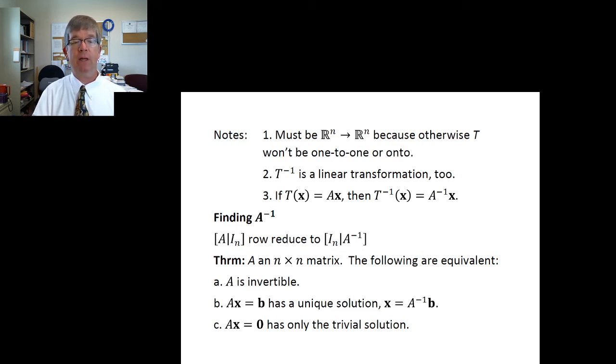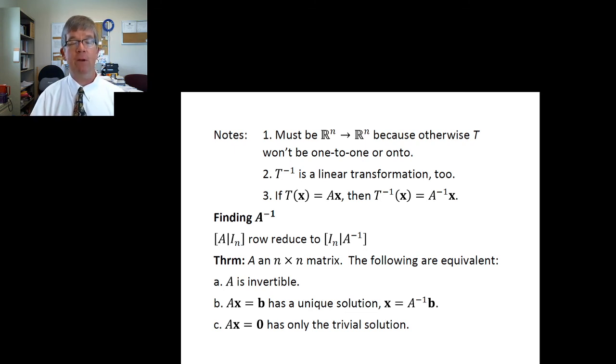Apply that inverse to both sides. If you apply it to A times X, the inverse and the A form an identity matrix. You get your X by itself. And on the right-hand side, you have A inverse B, and that's just one quick way to solve a matrix version of the system of equations if you happen to have the inverse handy.